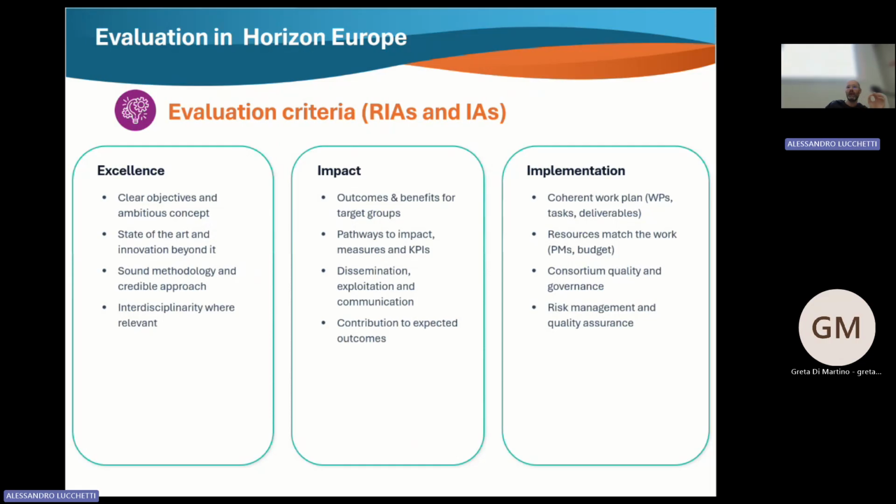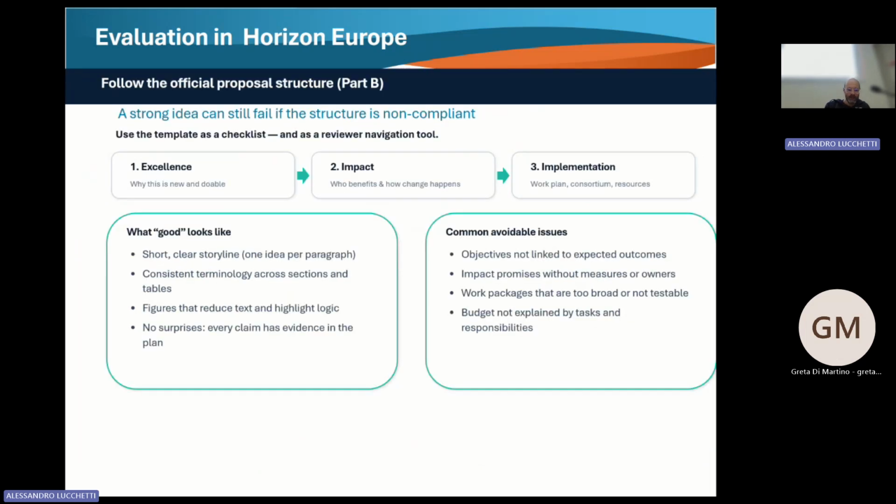You have to identify for which target group you are producing this project, a clear pathway to the impact. Also here, dissemination, communication, etc. The implementation, as we saw before, is the work plan, the research, the consortium quality, etc., which is a kind of CV.